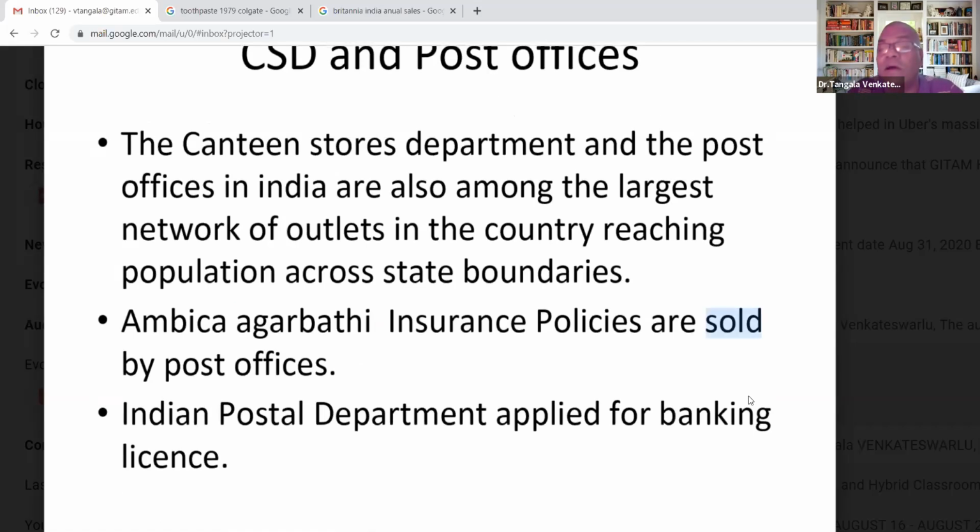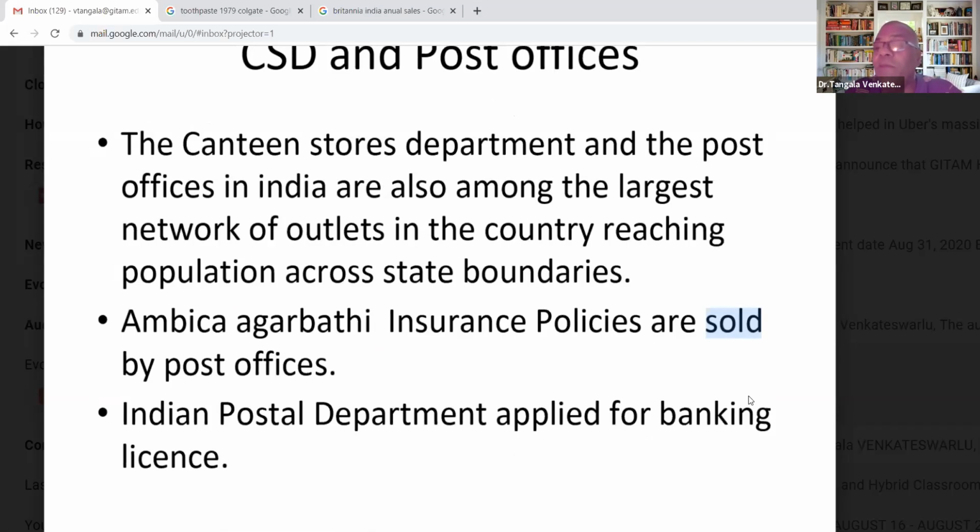If you see how post offices were in the 90s and 2000, and now, they are selling multiple products. Some post offices have got banking licenses.